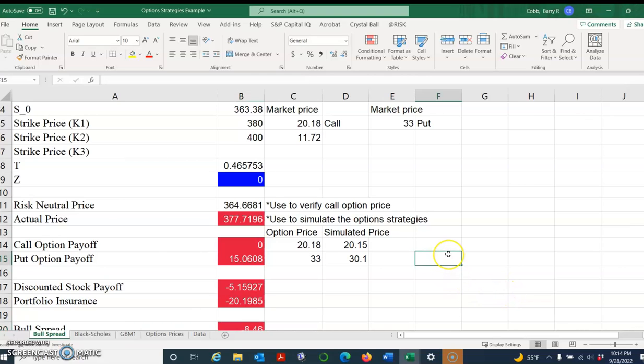So if you think about it, we purchased an option for, in this case, 2018, but we sold an option for 1172. So really the cost of this strategy is 846. And you can see that that's the limit of our loss.